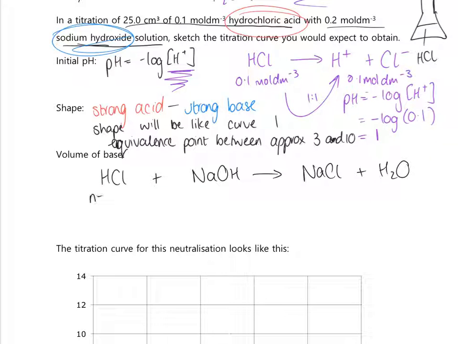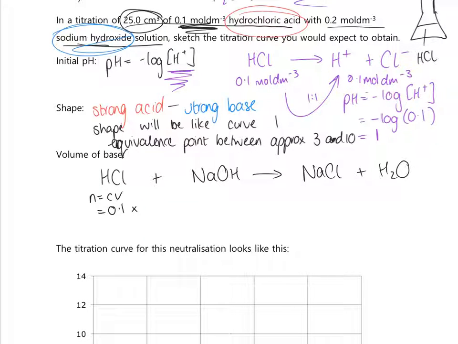First of all, I need to work out the number of moles of my hydrochloric acid that I have present in my conical flask. How do I do that? N equals CV, yep, good. So the concentration of your hydrochloric acid is 0.1, and the volume of hydrochloric acid that you have is 25 centimetres cubed.